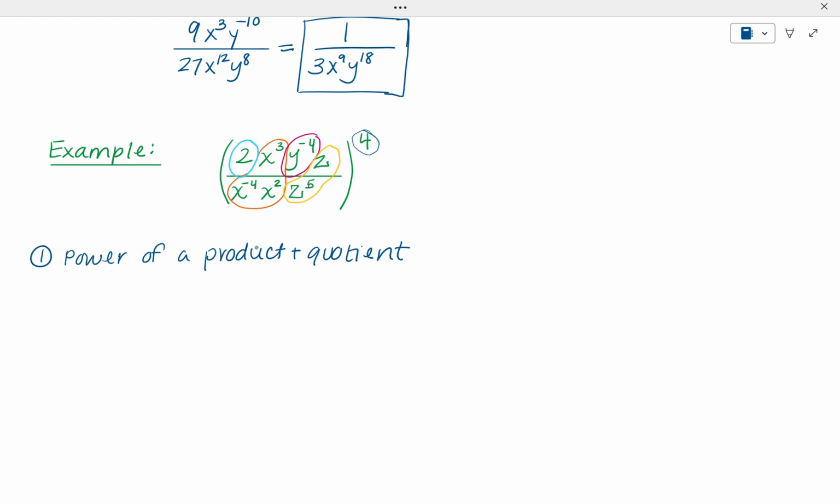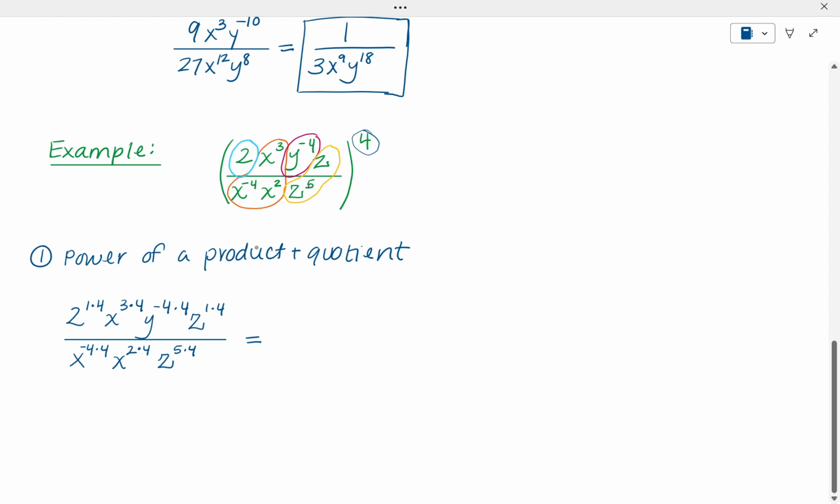So this will look like, and remember that if there is no exponent shown, that the assumed exponent is 1. So this will be 2 to the 1 times 4, x to the 3 times 4, y to the negative 4 times 4, z to the 1 times 4, over x to the negative 4 times 4, x squared, x to the 2 times 4, and z to the 5th times 4.